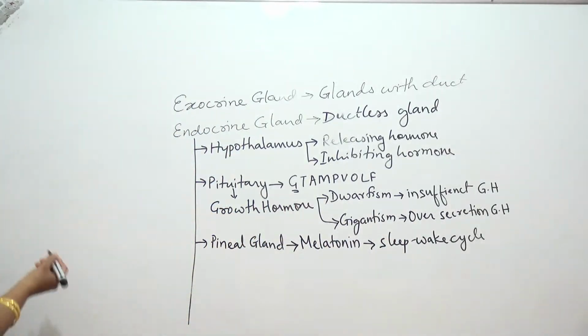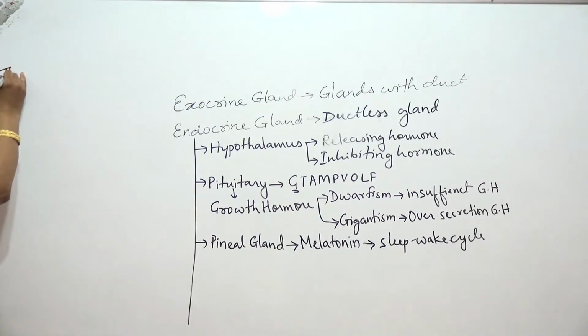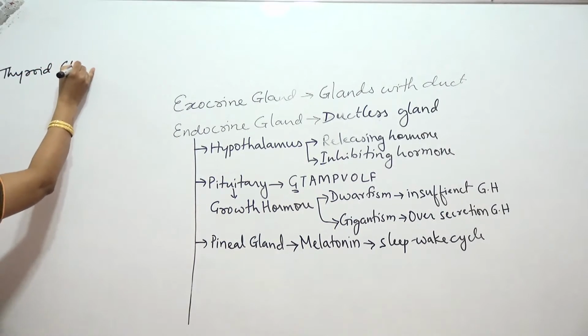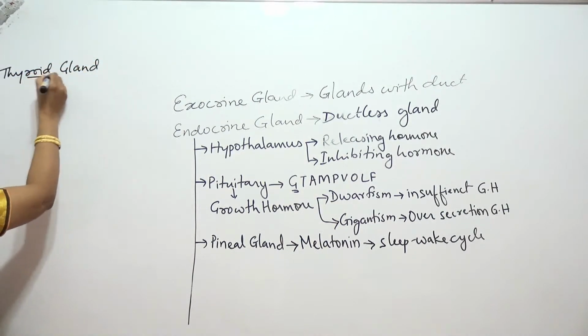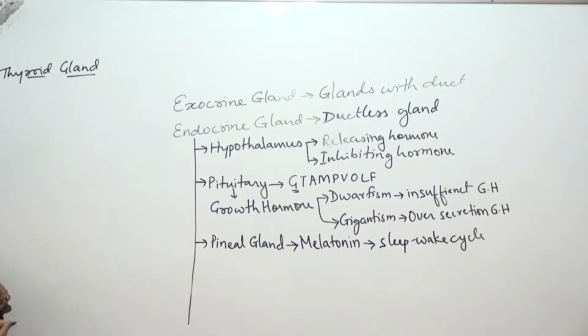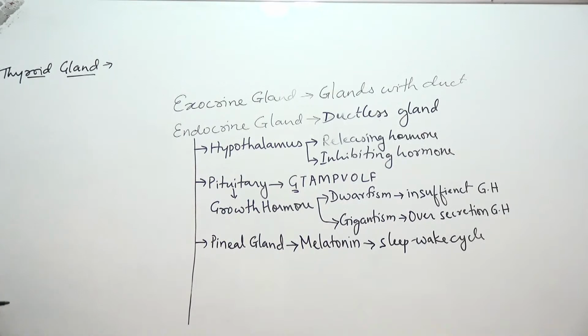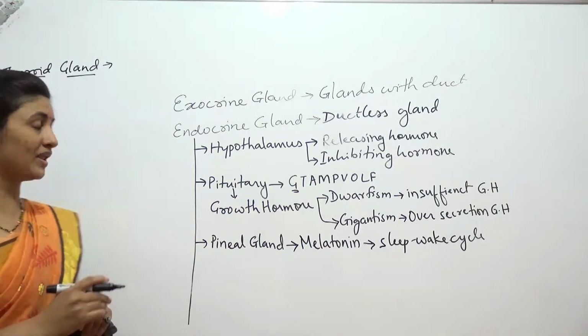Today we shall see the other endocrine gland, which is called the thyroid gland. What is the location of the thyroid gland, where is it present in the body?